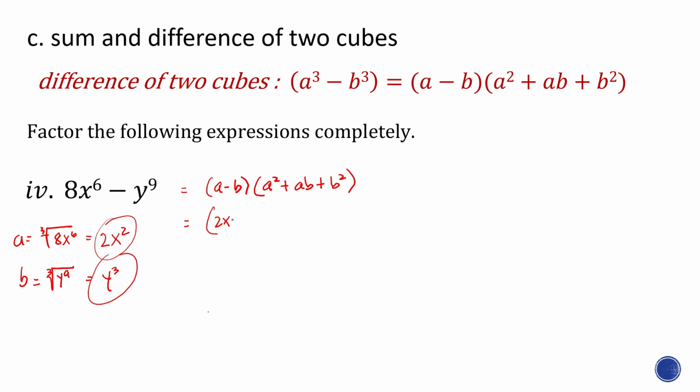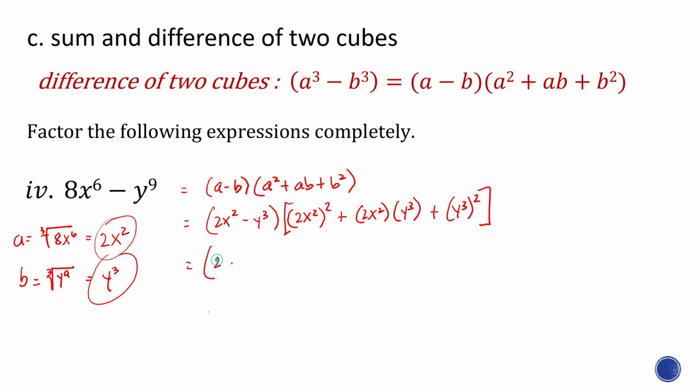A is 2x squared, minus y raised to 3, right? 2x squared minus y raised to 3 times a squared, so 2x squared, plus 2x squared times y raised to 3, plus y raised to 3 square.